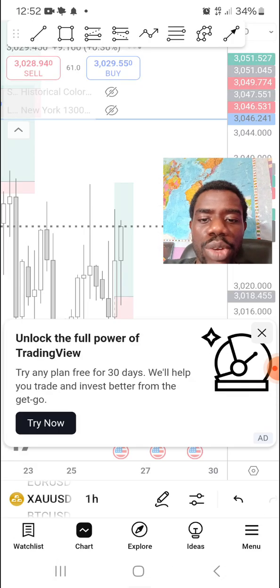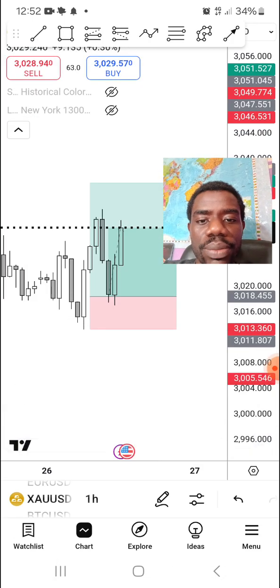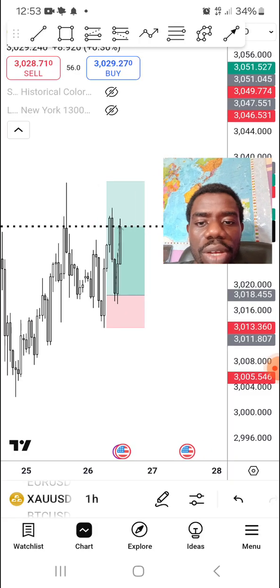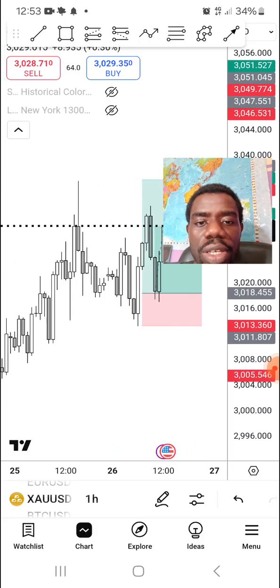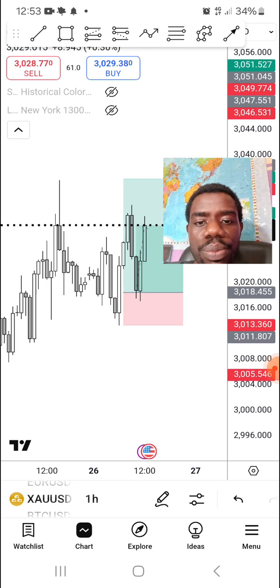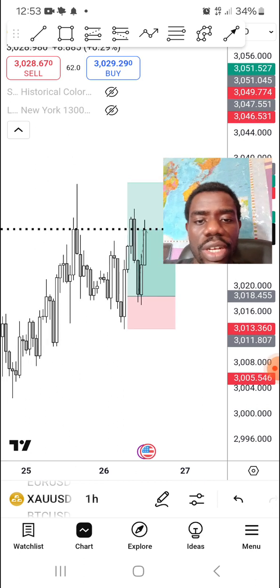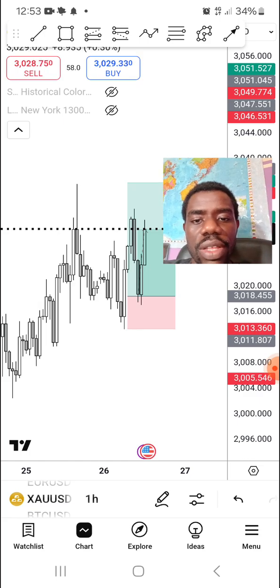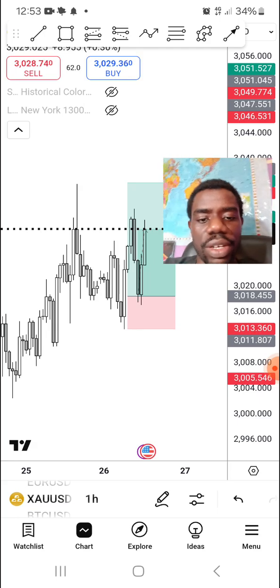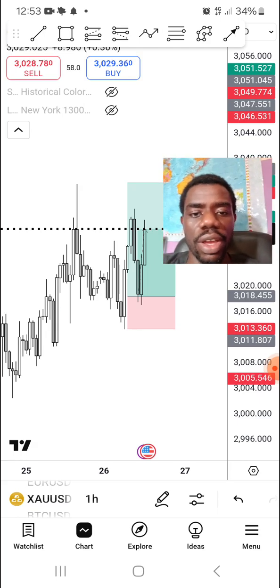Like here you can see on the 1 hour, the markup on the 1 hour. There was a previous demand zone there, which I didn't really mark out, but you can see there was a previous demand, like an order block, right around this side.